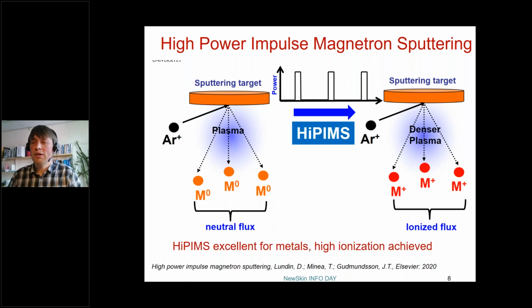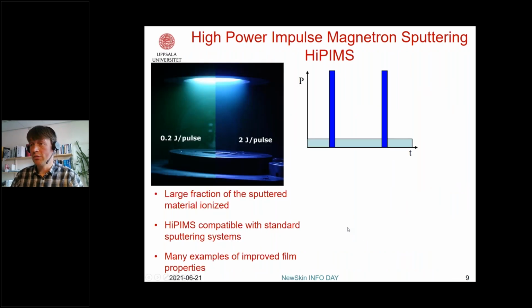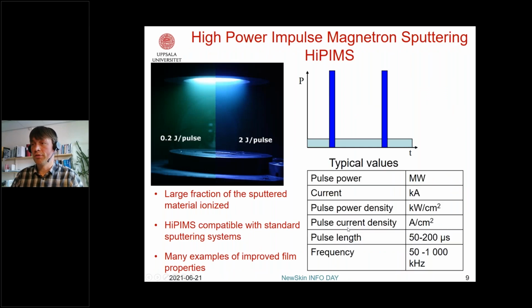So now a large fraction of the material that's being deposited is actually ions. In general, HiPIMS has been around for maybe 15 or 20 years now, and it has been shown that in many cases it gives materials with very interesting properties. And as I said, I will mention a couple of examples.